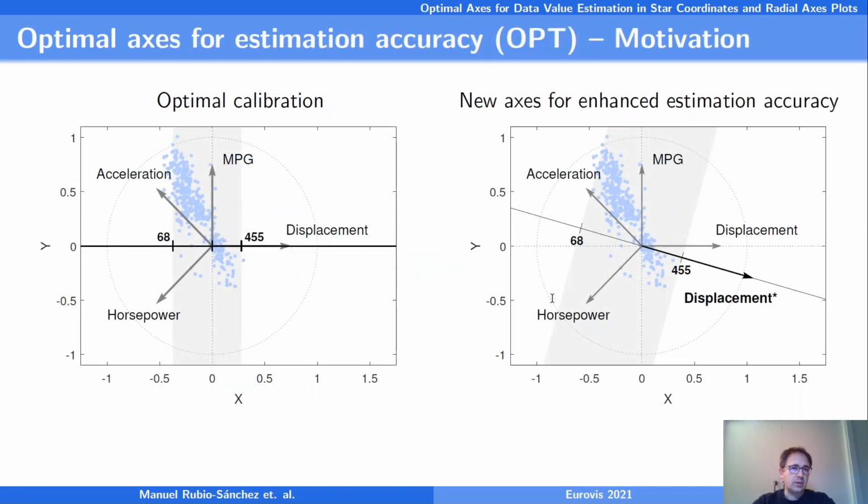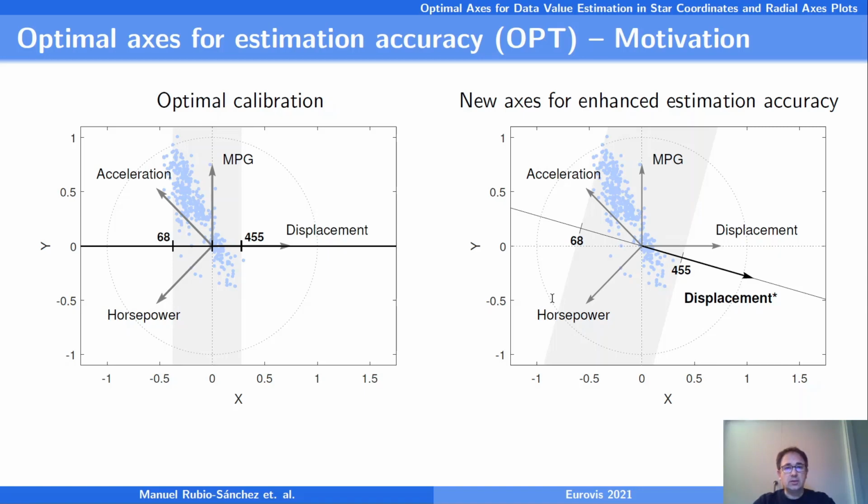Even though the previous calibration approach enhances the estimates considerably, it's possible to find different directions, different axes, that lead to even increased accuracy when estimating data values. So for example, in the image on the left, we can assume that the values for displacement increase from left to right.